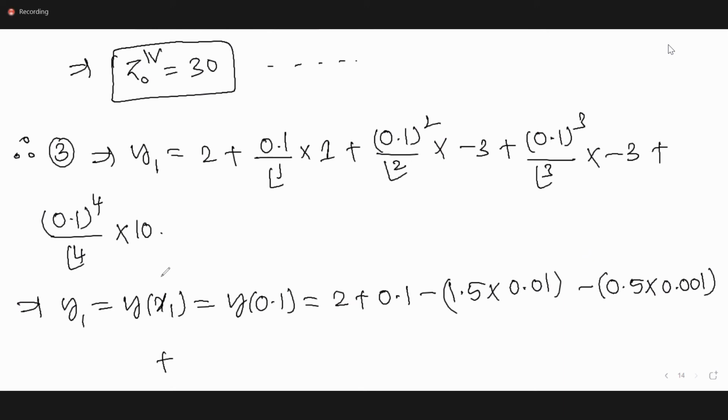Plus, this is 4 factorial, 24. 10 by 24 means 5 by 12.